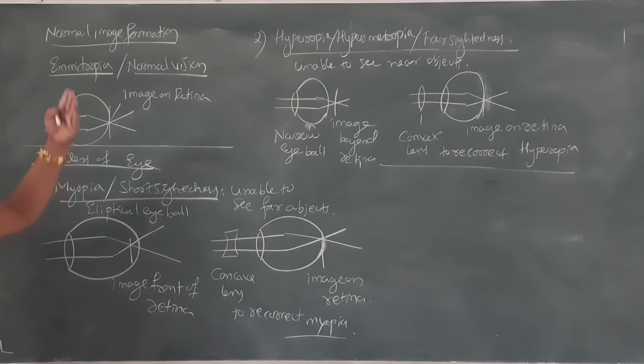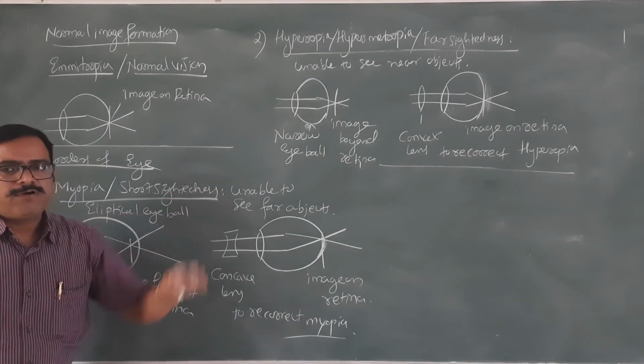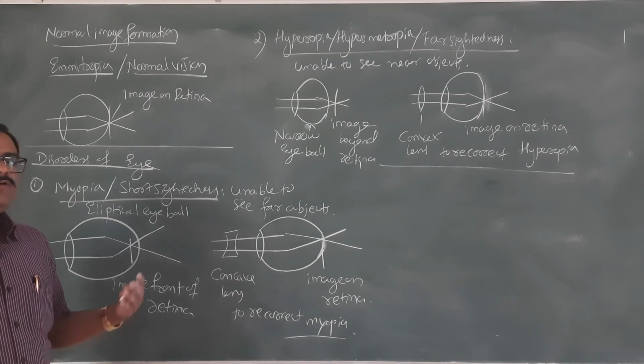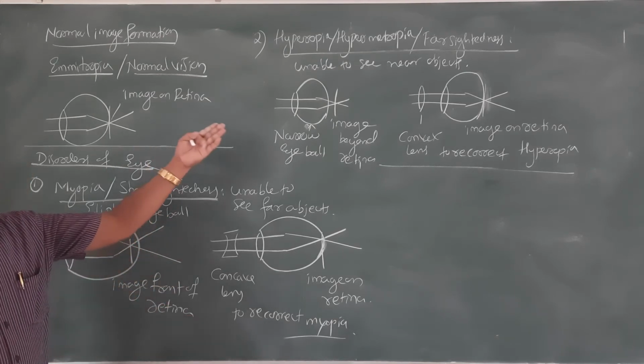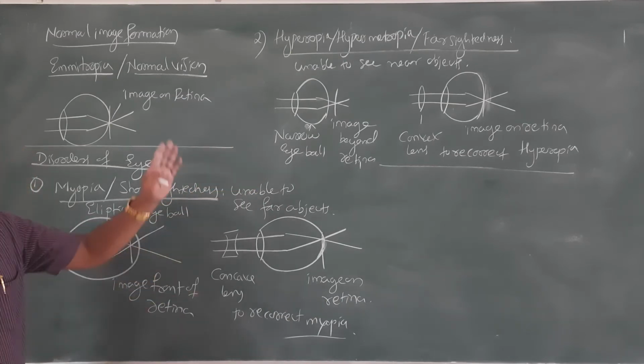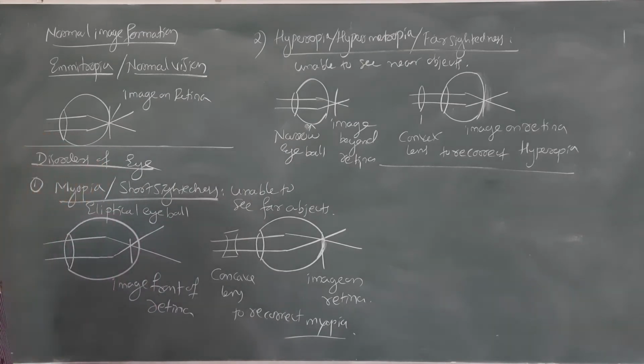Whereas when there is a very narrow eyeball, a developmental defect, the image is formed beyond the retina. That is called hyperopia or hypermetropia, or farsightedness, so the person is unable to see nearby objects. This can be corrected by using a convex lens, which makes the image form on the retina itself.